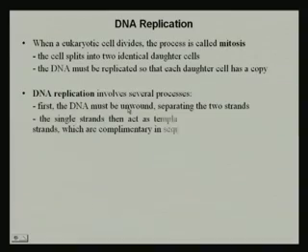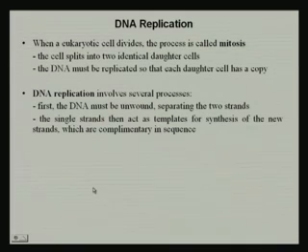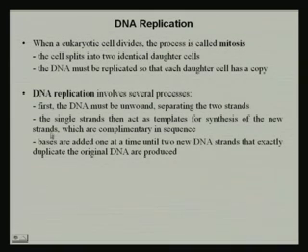The DNA must be replicated so that each daughter cell has the same copy number of chromosomes. DNA replication involves several processes. First, the DNA must be unwound, separating the two strands.